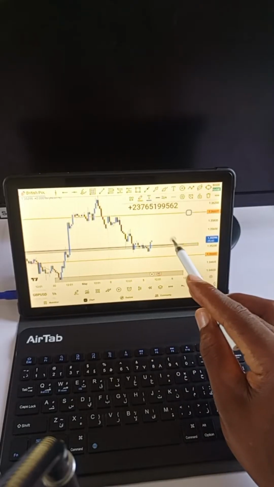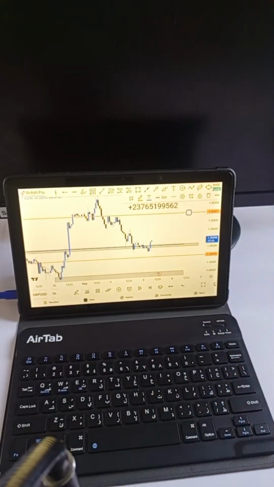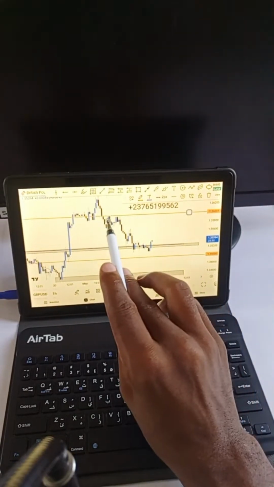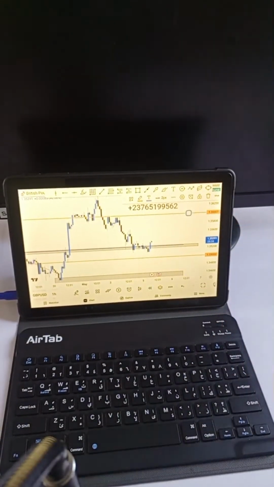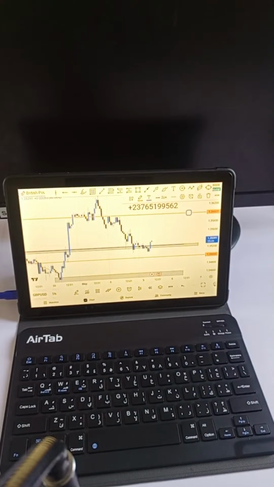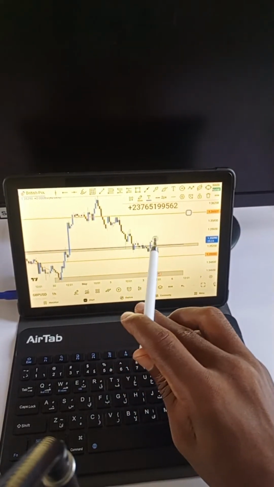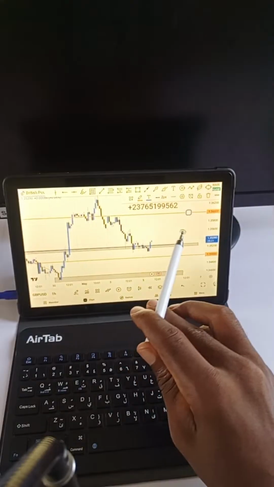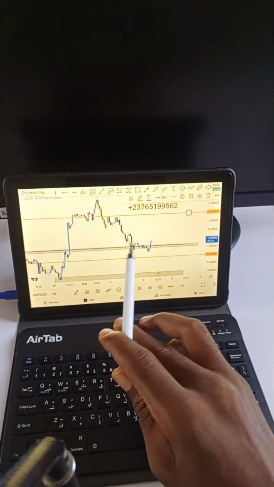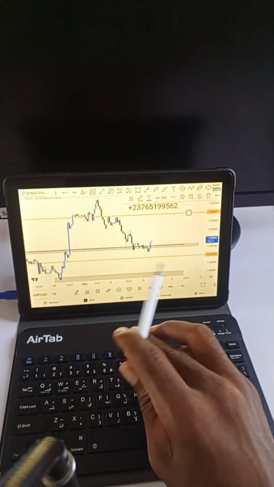It tapped on a key level, but we were a little late, so we could not enter because we have to respect our pip stop loss. That's very simple. At this point, we would have been looking to sell if price taps on 1.35500. But why should we be selling when price is around our golden zone?